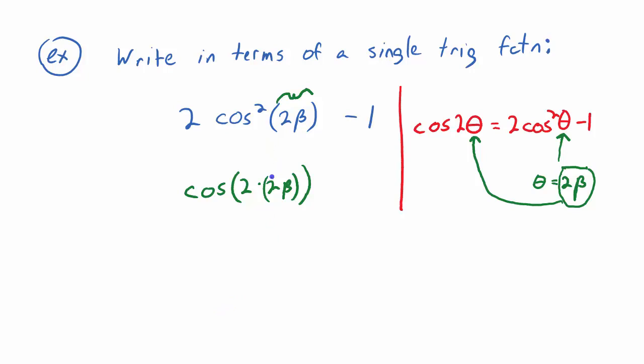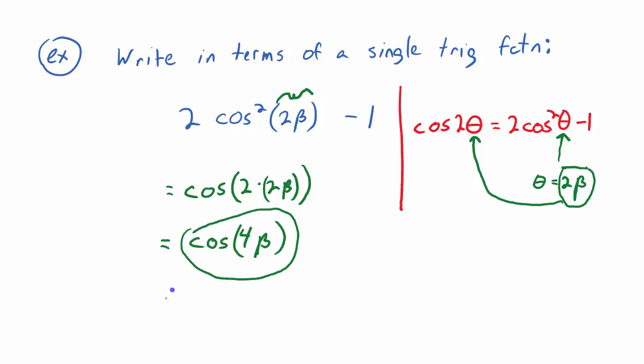So I'm replacing the theta here with 2 beta. And so what do I really end up taking the cosine of? It's really the cosine of 4 beta. So I've accomplished the goal. I've written this given formula here in terms of a single trig function. And that's all we were asked to do in this one.